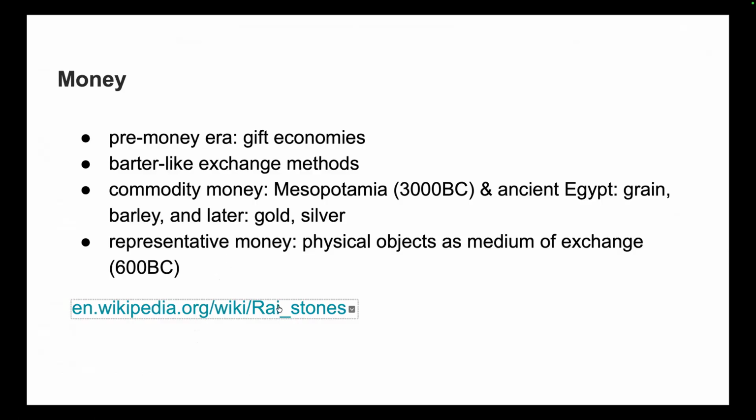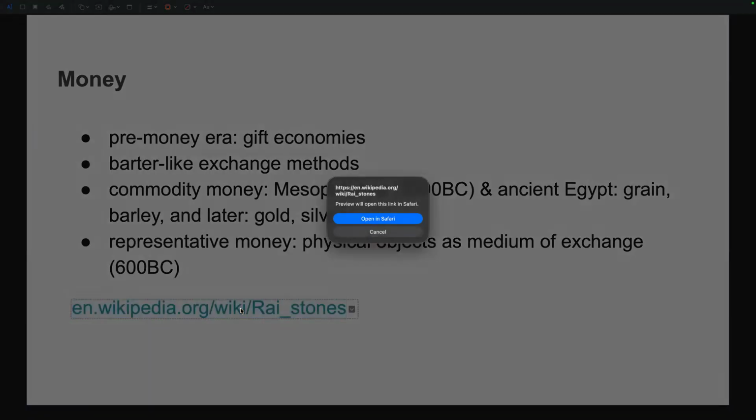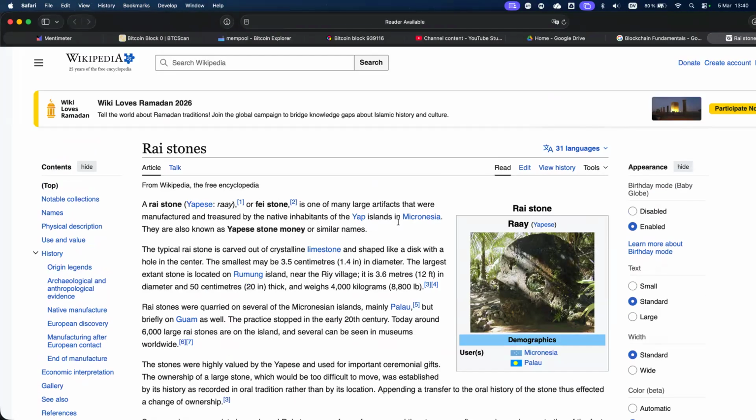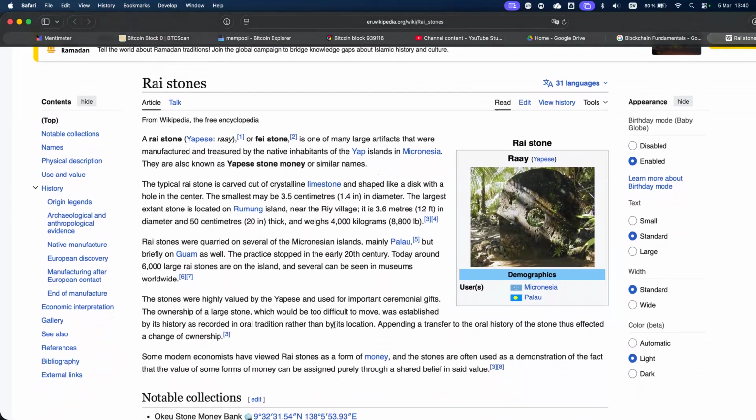And one interesting example is the rice stones, which were used in the Polynesian islands. It is a giant rock with a hole in the middle, which was used as money. It was really hard to have those giant rocks mined in this particular way.